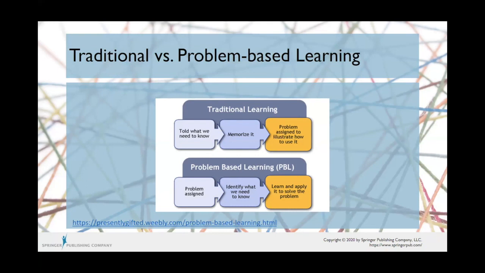The professors told me what I needed to know, and I was told, you've got to memorize this, and then they would give me an assignment or an exam or some sort of assessment to see whether I could illustrate how to use it. That's how I started teaching. I would do the sage on the stage thing, drop some knowledge on the students, and then have them apply it.